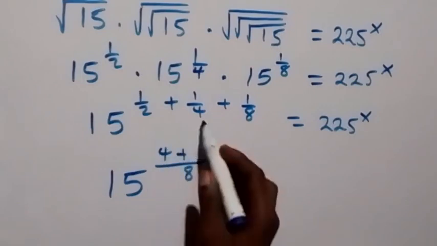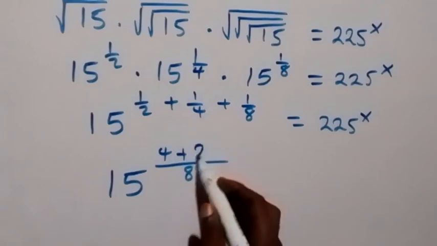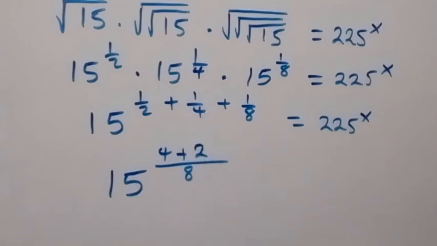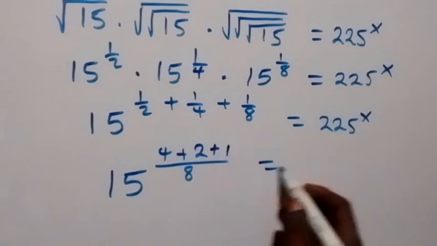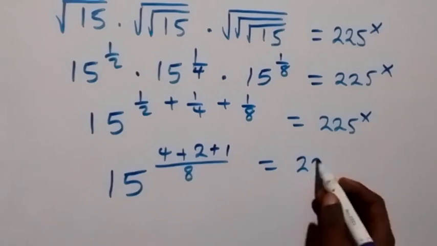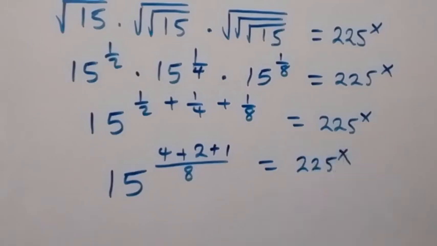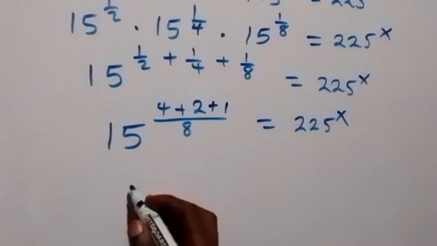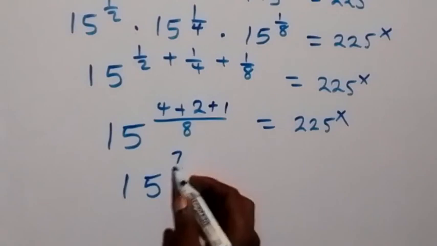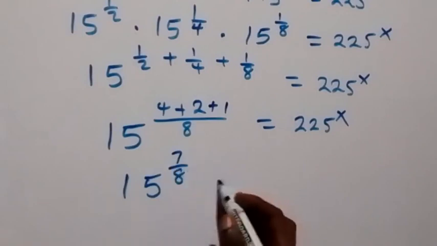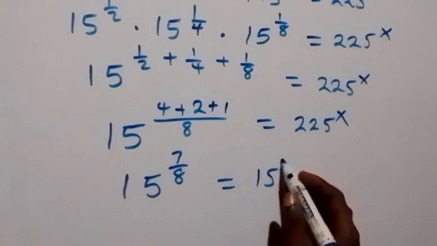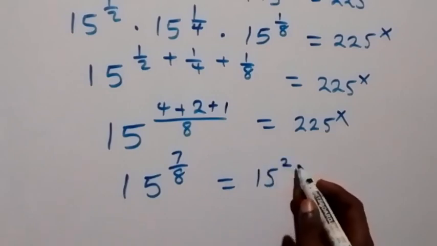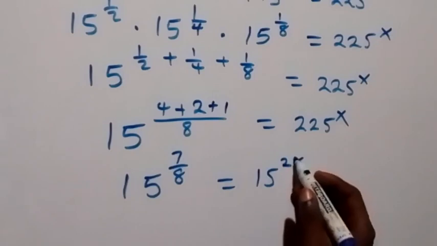Then plus here, 4 goes in 8, 2 times 1, that's 2. Then plus here, 8 goes in 8, 1 time 1, that's still 1. Equals 225 raised to power x. Then from here, this gives us 15 raised to power 7 over 8, now equals, this is the same thing as 15 squared, then times x, that's 15 raised to power 2x now.